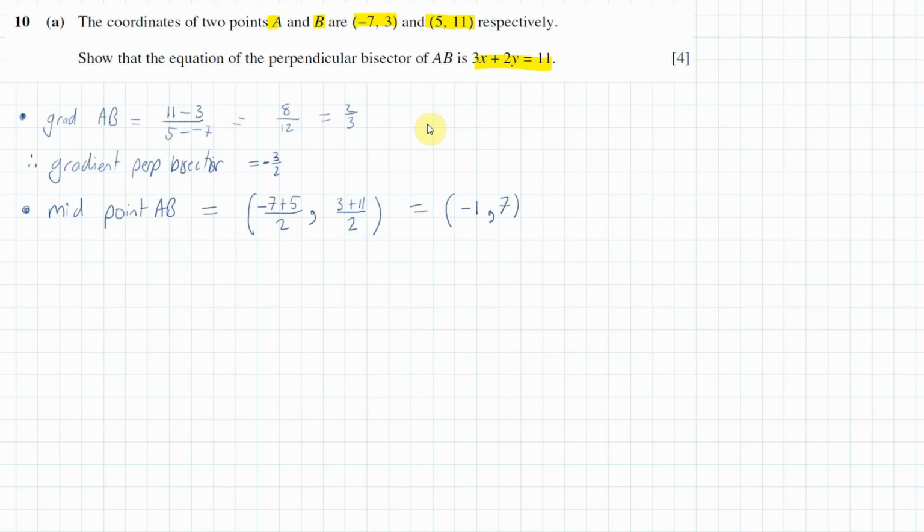Therefore, the equation of my bisector will be as follows.